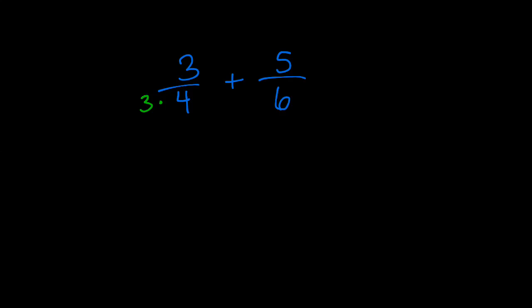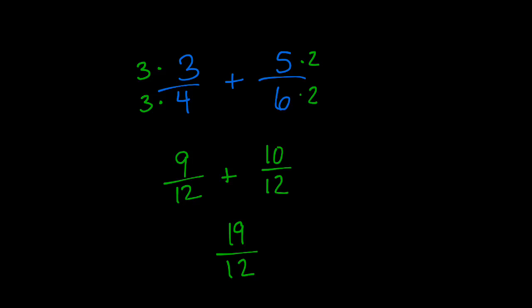We have to multiply that whole fraction by 3 over 3, because 3 over 3 is really 1. So we're not changing the value of that fraction, because we're multiplying by 1. To get 6 to be a 12, we need to multiply by 2. We do that on top and bottom. So then we have 9 over 12 plus 10 over 12. Add those together, and we get 19 over 12.